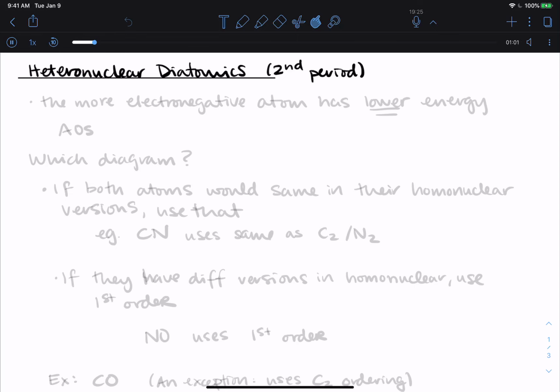All right, so when you're putting these together, the more electronegative atom has lower energy atomic orbitals. So you will need to show this in a discernible way in your molecular orbital correlation diagrams.